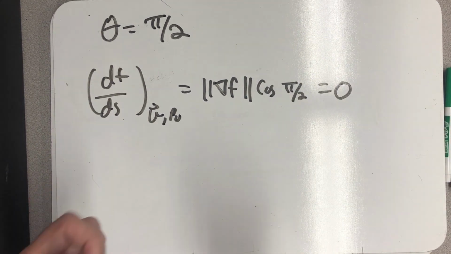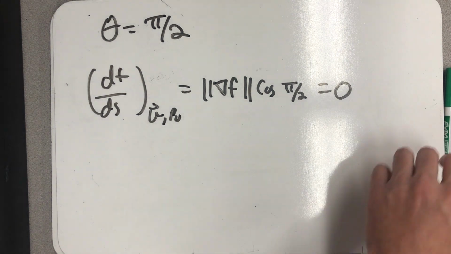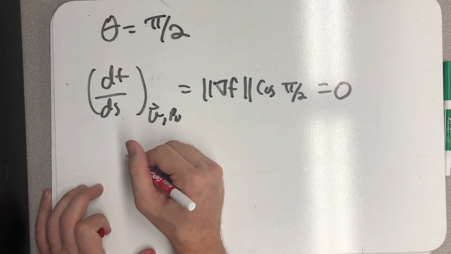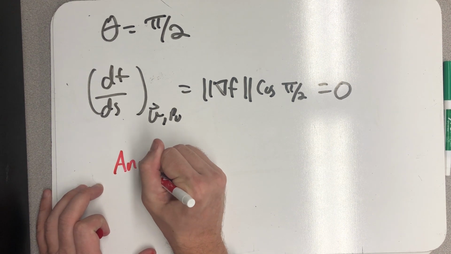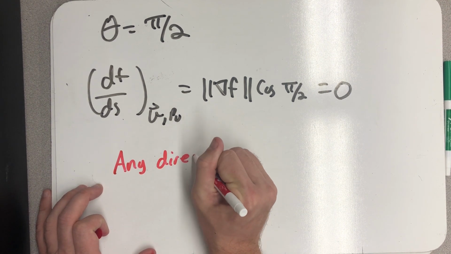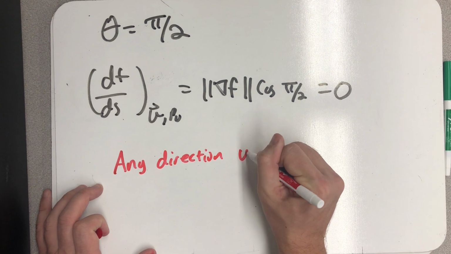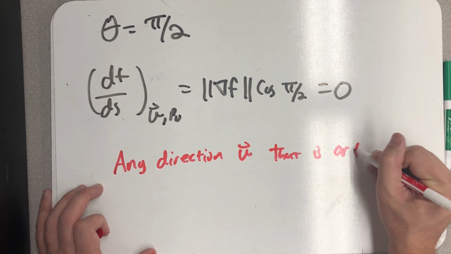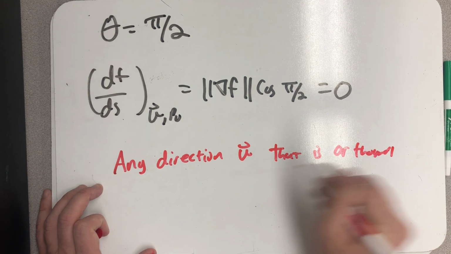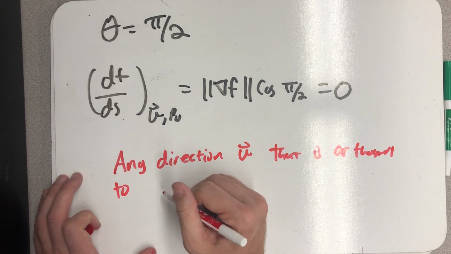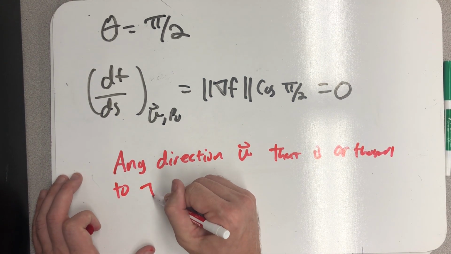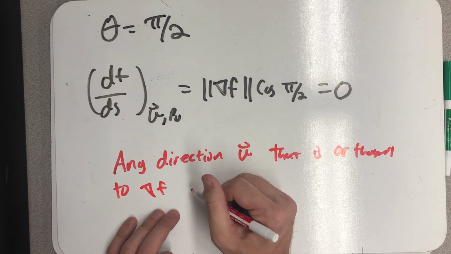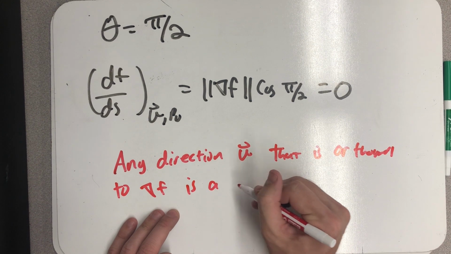That's a direction of 0 change. Any direction u that is orthogonal to del f is a direction of 0 change.